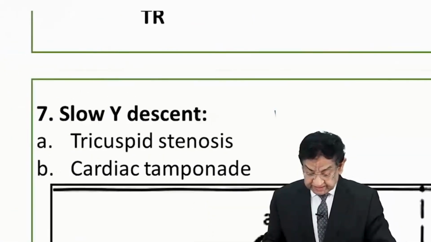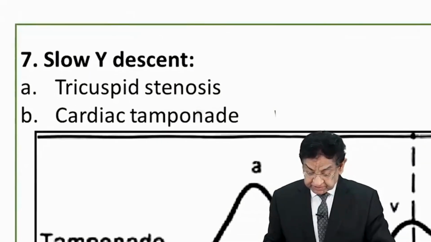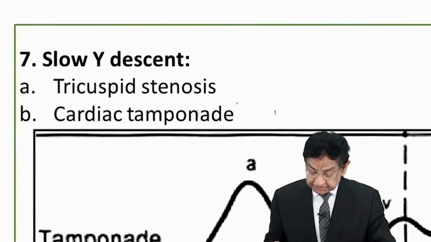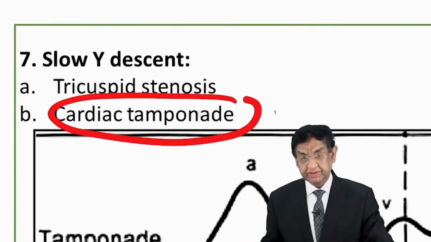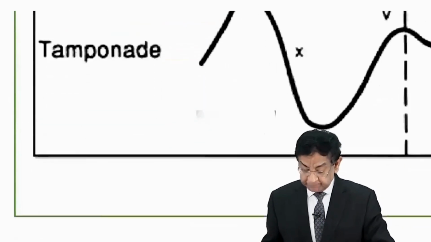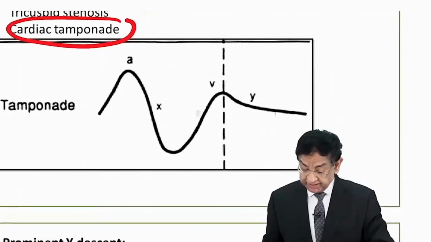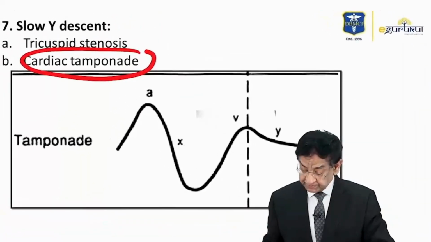Slow Y descent is seen in tricuspid stenosis and tamponade. This is very, very important. Y descent is never prominent in cardiac tamponade; slow Y descent is there, right?